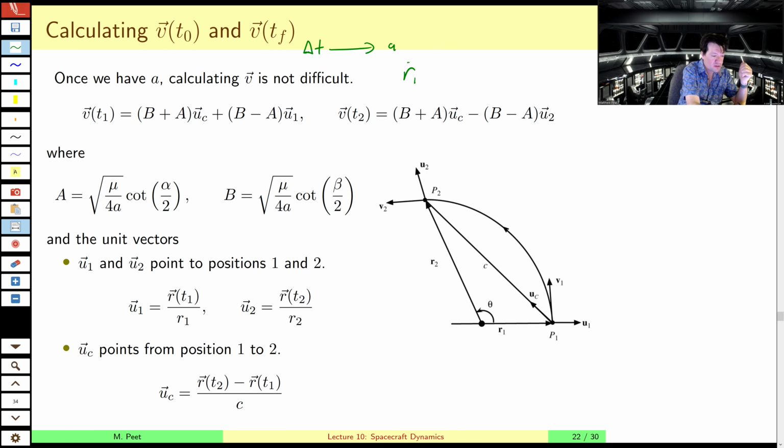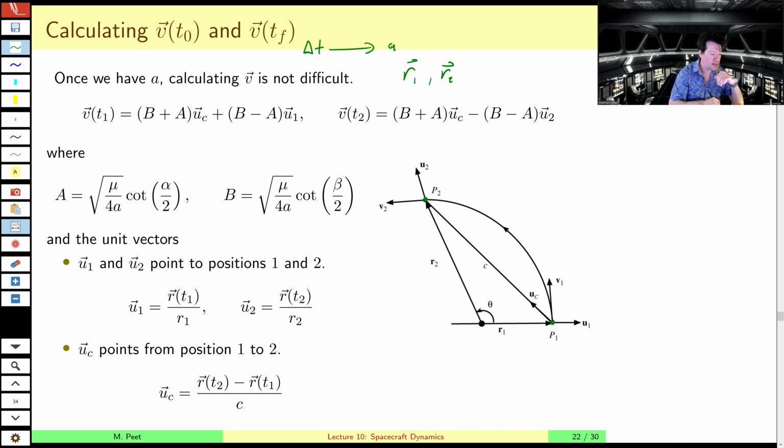You've got R1 vector, R2 vector. And fortunately, the calculations for the rest of the orbital elements are relatively easy and not necessary. Because if you're only interested in velocity, there's a much simpler expression for the velocity at these 2 points, V1 and V2, directly in terms of R1, R2, and A. So we don't even need to calculate the rest of the orbital elements.